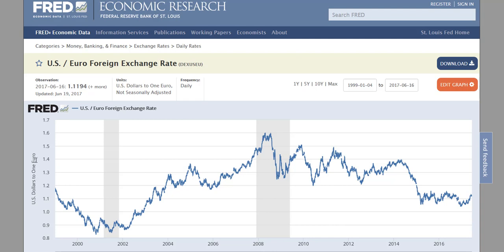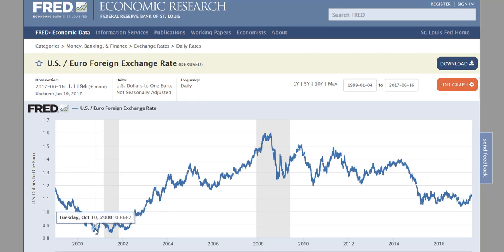Okay? So remember that the euro was launched in 2001, but was introduced as an accounting currency in 99. Okay? So it starts more or less at parity. It reaches parity here in early 2000s. And then the dollar appreciates.